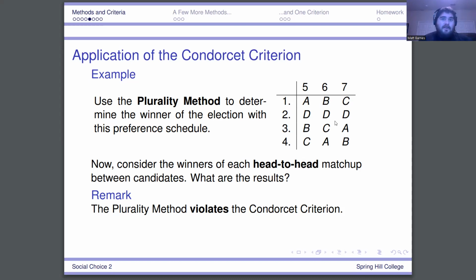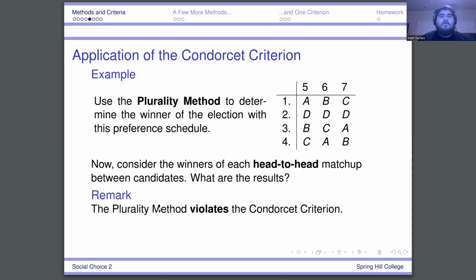D is preferred to everything. If you gave the entire group of voters the choice and said, which would you prefer, D or C, they would say, we would prefer D. So this is an issue, and that means that the plurality method violates the Condorcet criterion. The plurality method, if we use that, is not going to obey this head-to-head matchup rule.